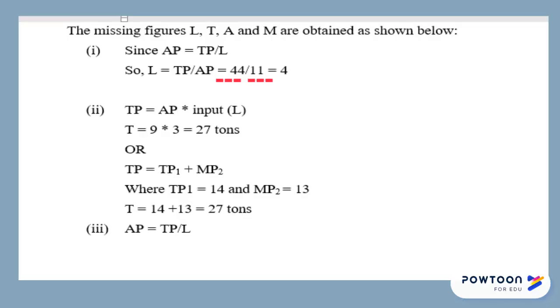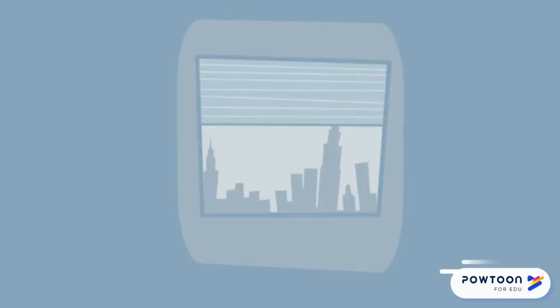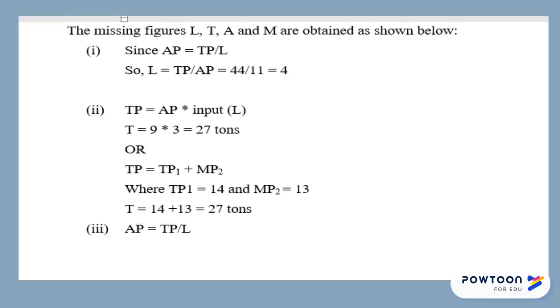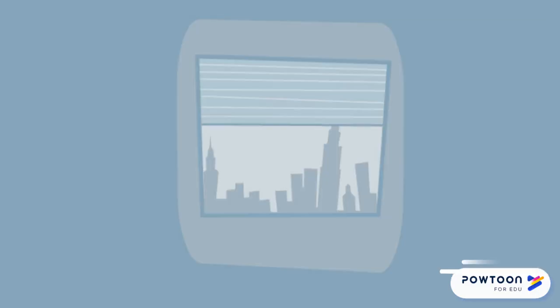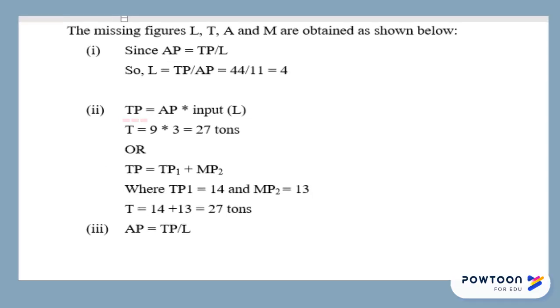When you divide 44 by 11, you will get 4, which is the value of L. So, to find L, you have to calculate total product over average product.